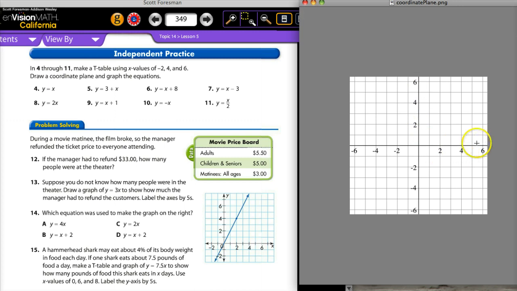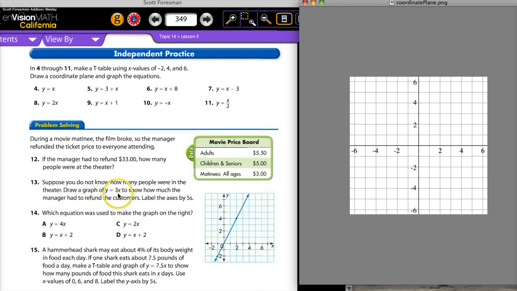Now the big clue I want to give you is that the y-axis is going to represent the refunds, okay? The x-axis is going to represent the number of people, okay? And again, it says you don't know how many people were in the theater, okay? So that allows you to pick values for x in order to find y.